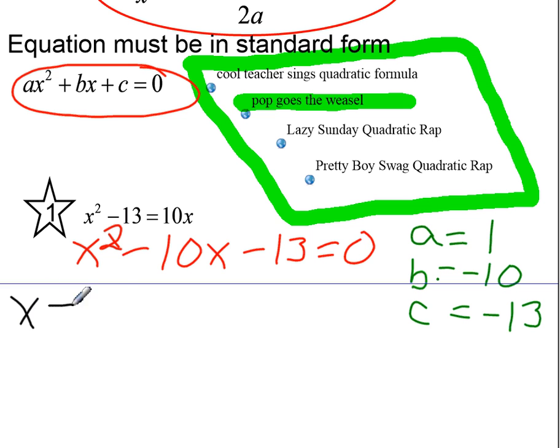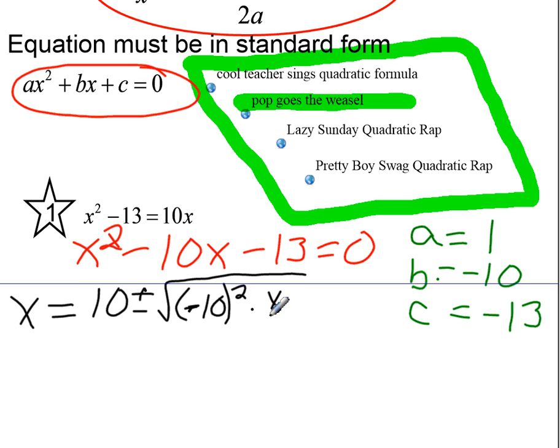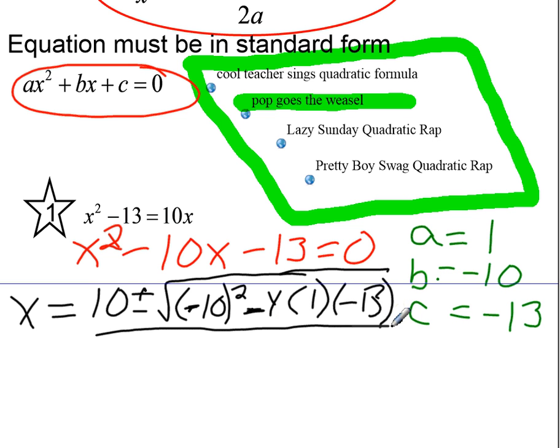X equals negative b, that's negative 10, plus or minus square root of b, this is negative 10, b squared minus 4 times a times c, all over 2a.